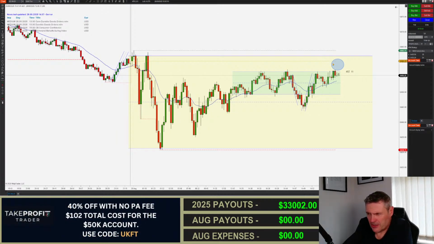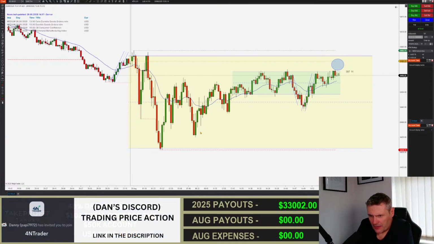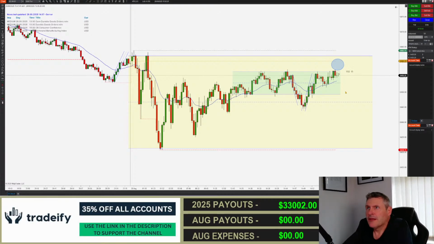There's still a slight bullish element with, you know, higher low, higher low. Even that's a higher low, and it is a break, so I'd still expect it to at least get up here. But nothing is set in stone.